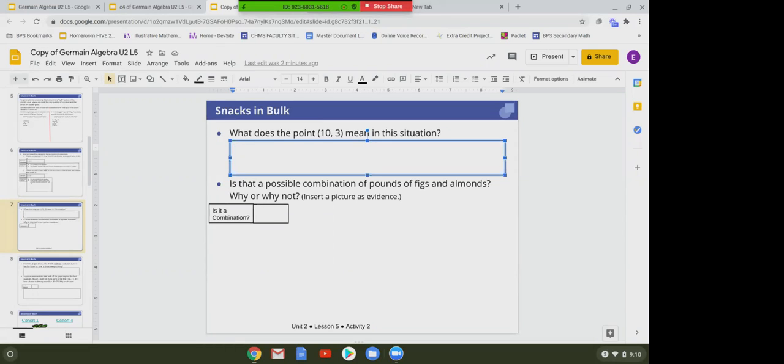If you finish early, I want you to take a look at slide number 8. Oh, it is in your textbook?